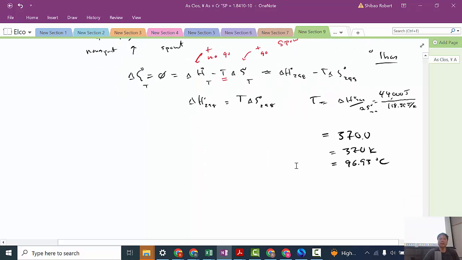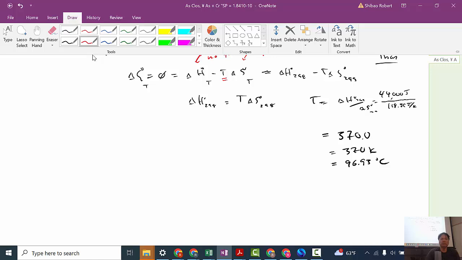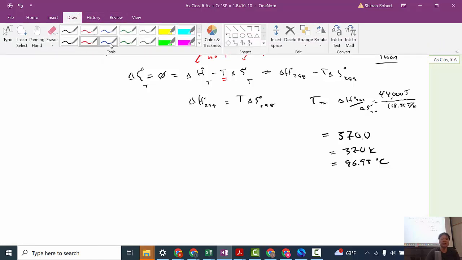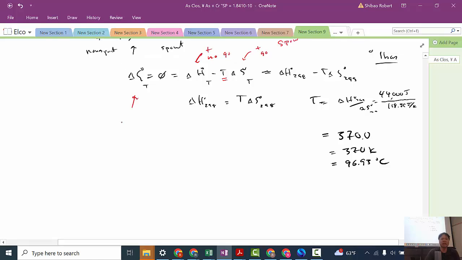All right, so that's the first thing. Delta G at temperatures other than 298. Because delta G is heavily influenced by temperature, whereas delta H and delta S are not. Heavily dependent on temperature.